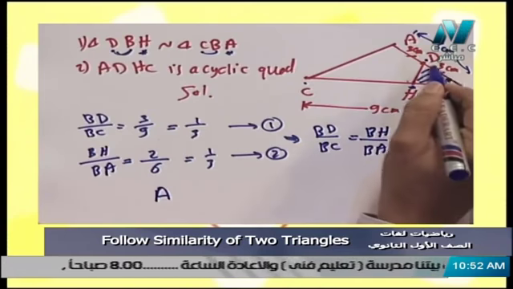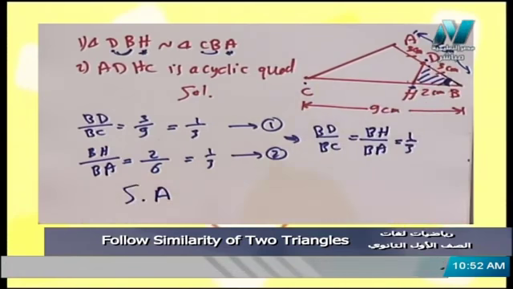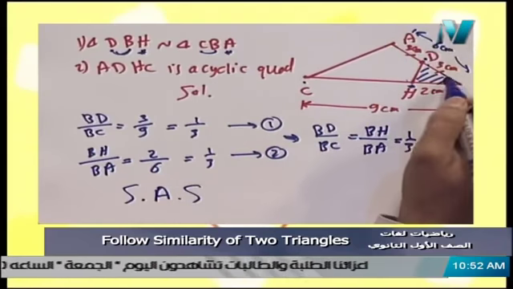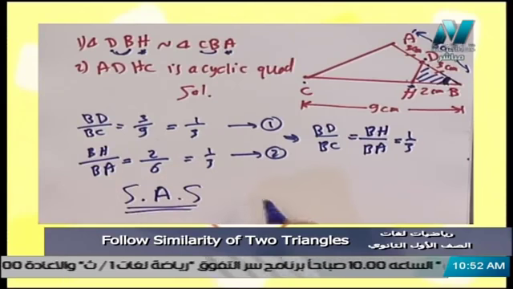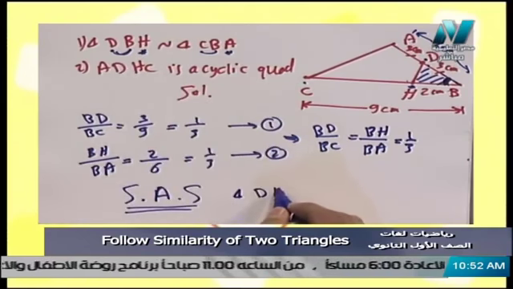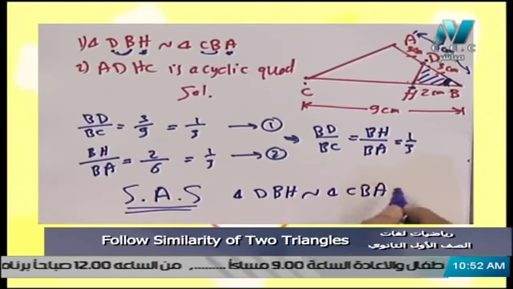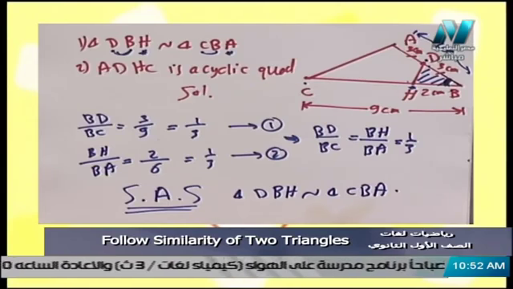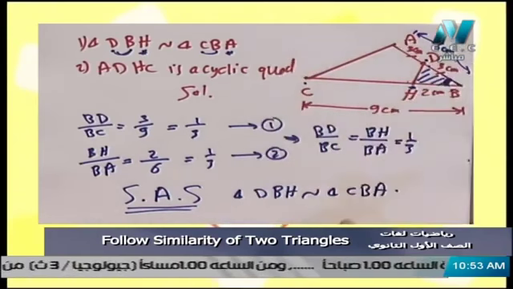The side BD over BC, which is the first side, equals the side BH over BA, which is the second side, and angle B is included between them. So this case is satisfied. So triangle DBH is similar to triangle CBA. So now we proved that this triangle, which is the small one, is similar to the bigger triangle.